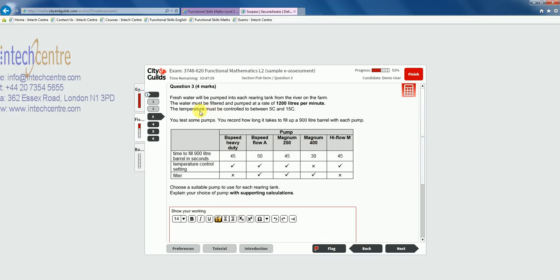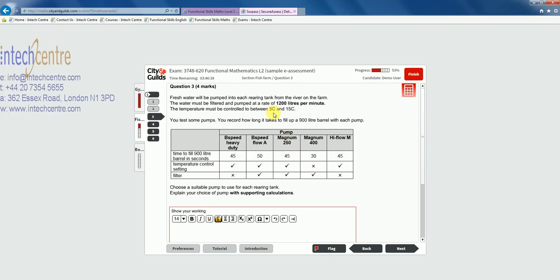So temperature must be controlled to between 5C and 15C. So temperature control setting here. B speed flow A has a temperature control setting, and also Magnum 250 has a temperature control setting. But Magnum 400 doesn't have one. So we are not going to consider Magnum 400 or high flow M either. So the two options for consideration are B speed flow A and Magnum 250.